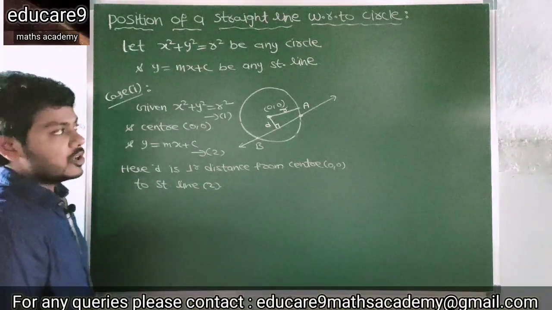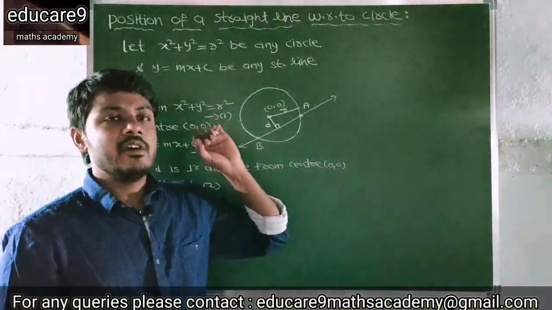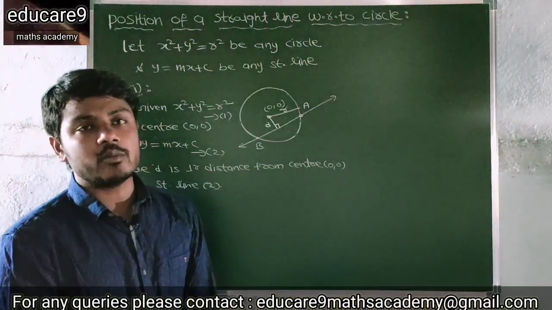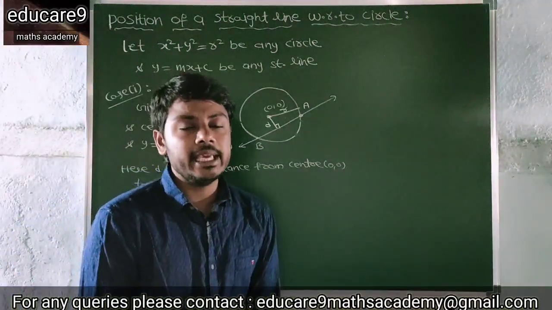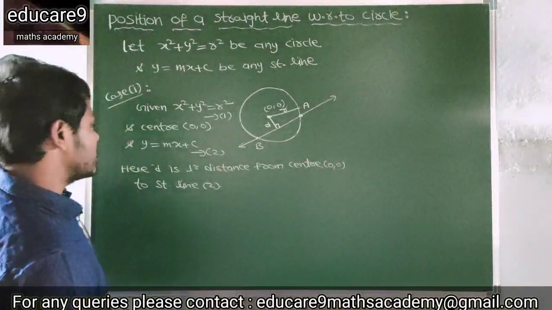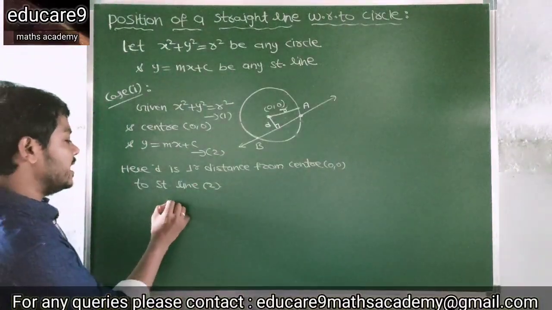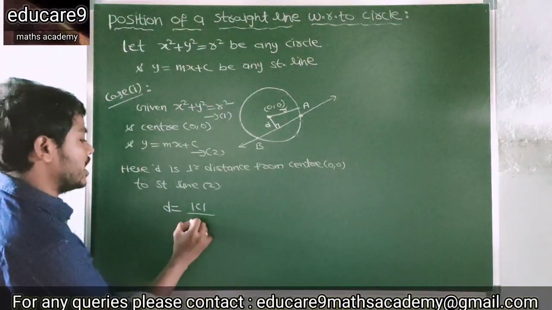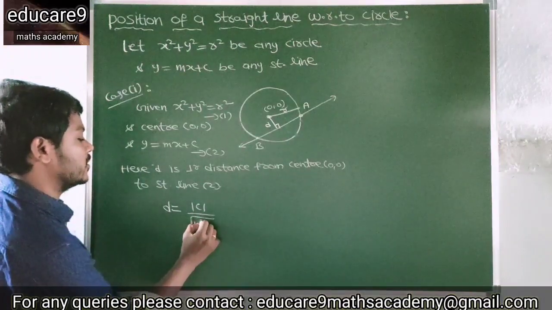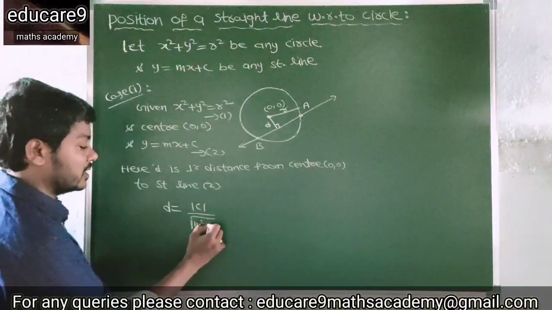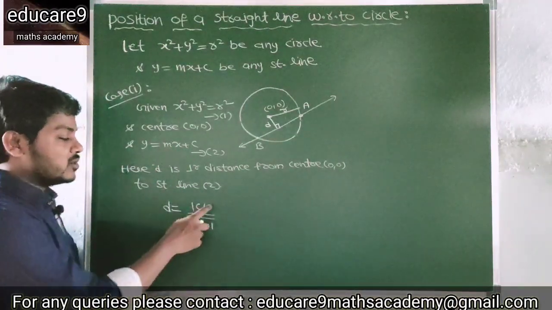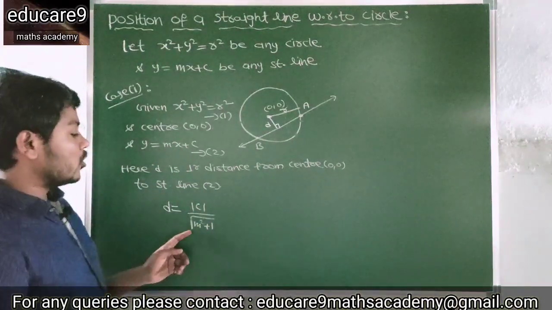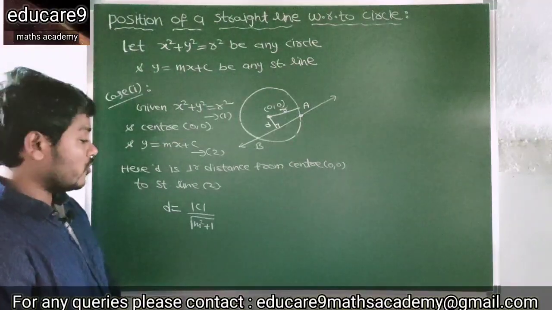So you know that the perpendicular distance from origin to the straight line is mod c by under root of a square plus b square. So see here, d is equals to mod c, that is c, by square root of m square plus minus 1 whole square, that is 1. Here d is mod c by under root of m square plus 1.